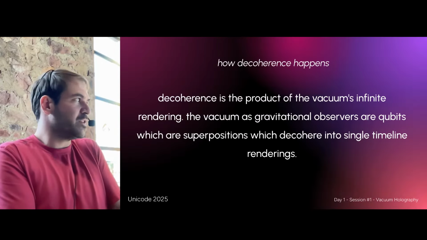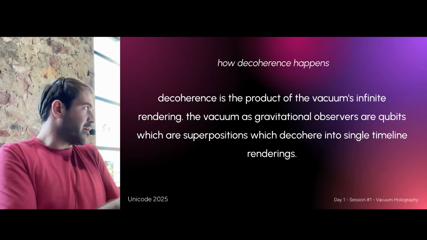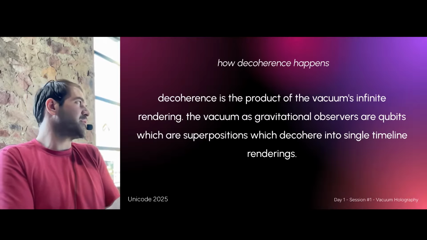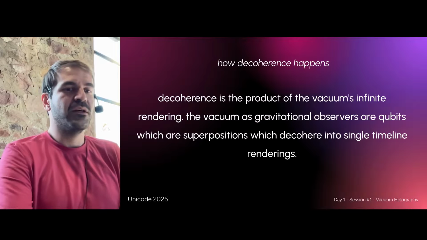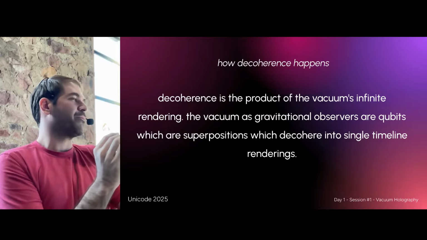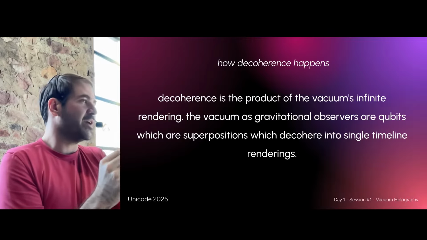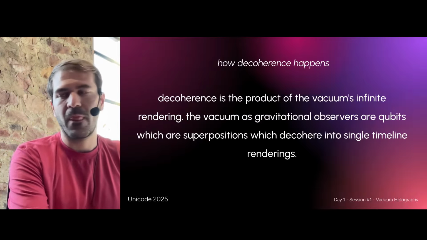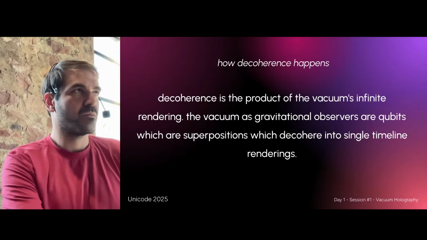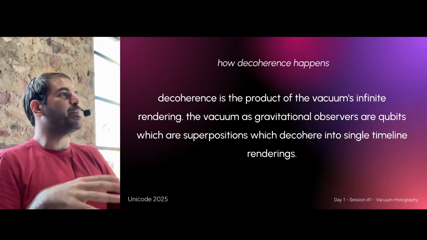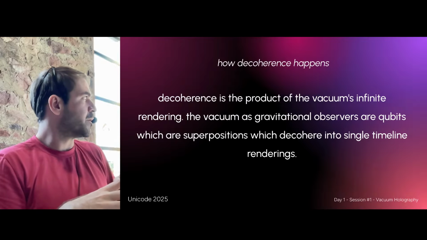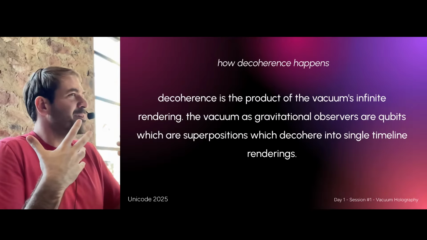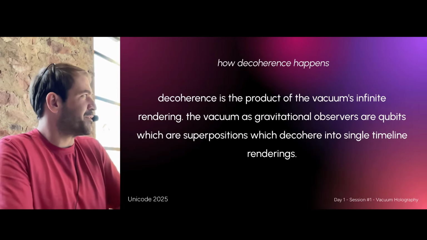You don't have two displays at the same time. You cannot be in Columbus and in Sioux Falls at the same time. The nature of a portal itself is decohering superposition into rendered appearance. The fundamental nature of a gravitational observer is to decohere superposition into a rendered timeline.